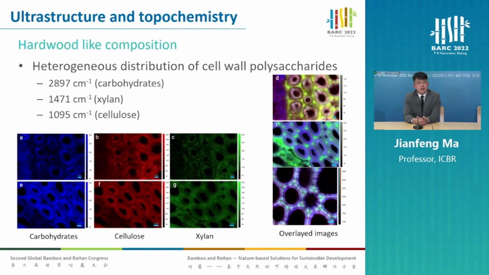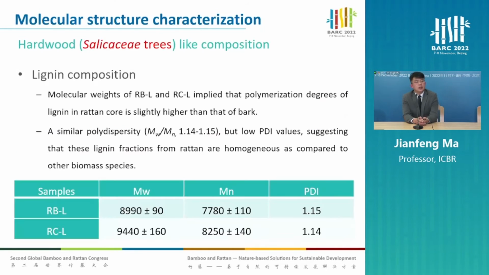Also, we can observe the carbohydrate distribution, xylan and cellulose, by integrating over the characteristic Raman bands. Overall, the carbohydrates, including xylan and cellulose, displayed a homogeneous distribution pattern within the fiber wall of rattan.